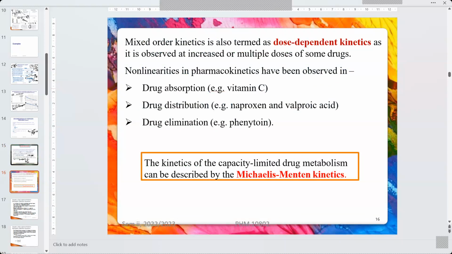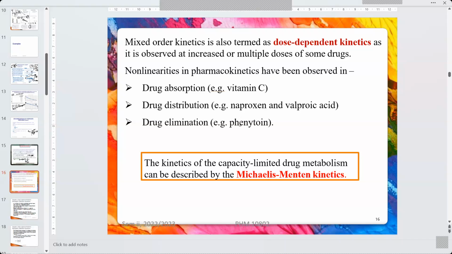Beyond that, if the amount is very high in the stomach, it will only be absorbed at a fixed rate. It will not be concentration dependent. Drug distribution, we talk about protein binding, for example. Maybe protein binding also has a certain limit. So you increase the concentration, you increase protein binding, but if you increase the concentration above the limit, protein binding is the same. It will not change anymore.